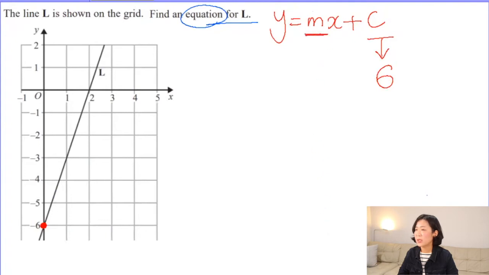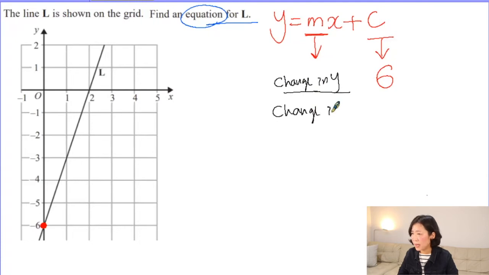Then let's deal with our gradient. You remember the formula for the gradient. The gradient is the change in y, how much you move along the y-axis, divided by how much you move along the x-axis. So let's find a point on integers.